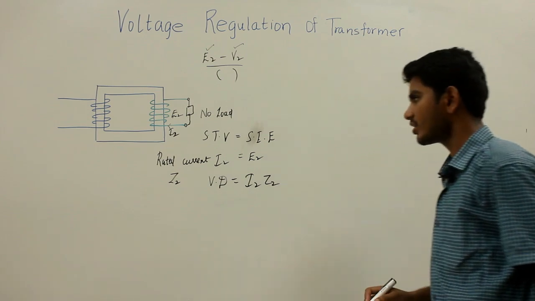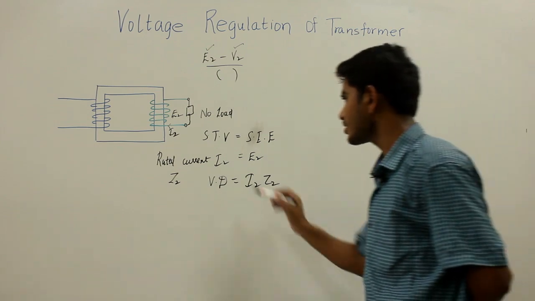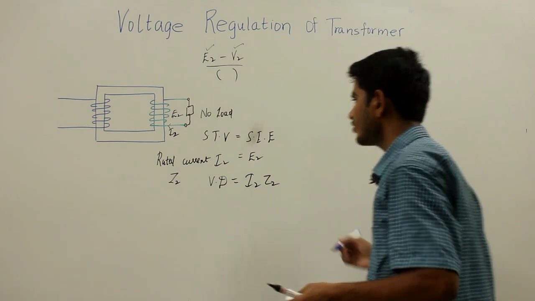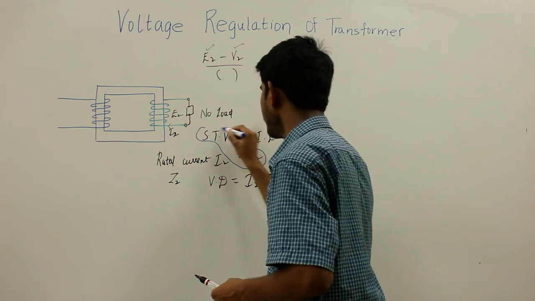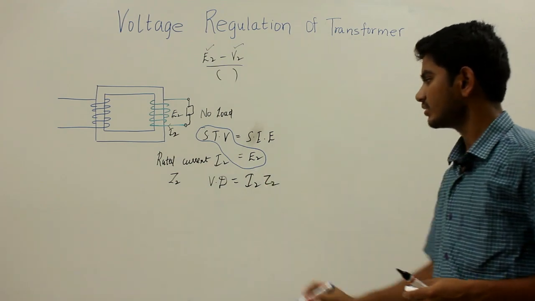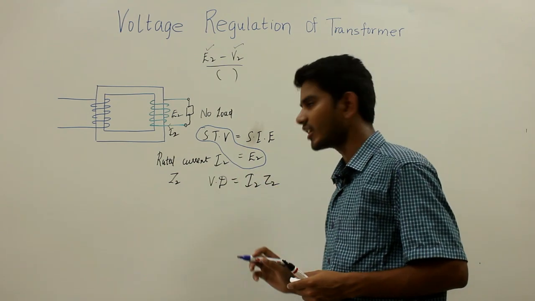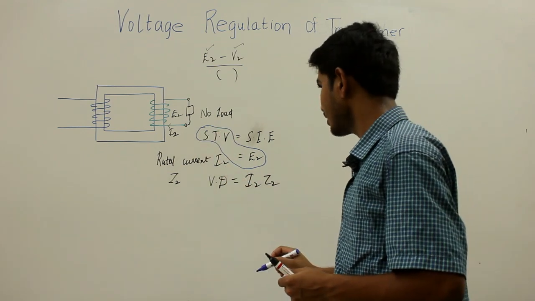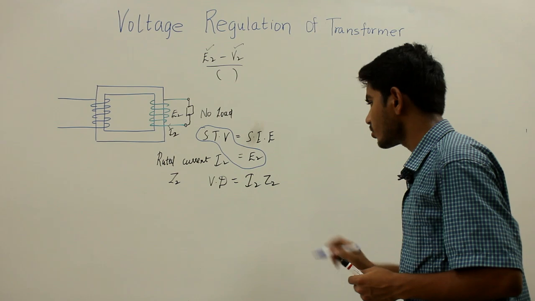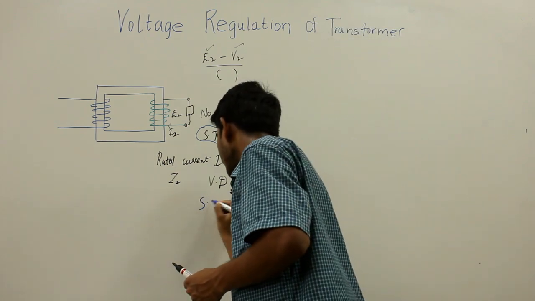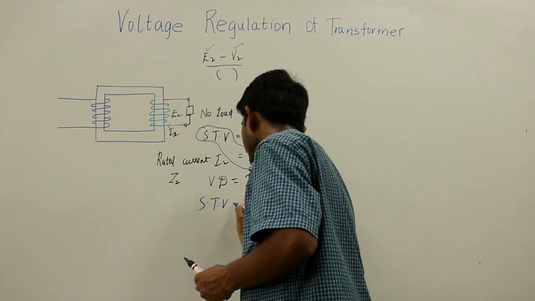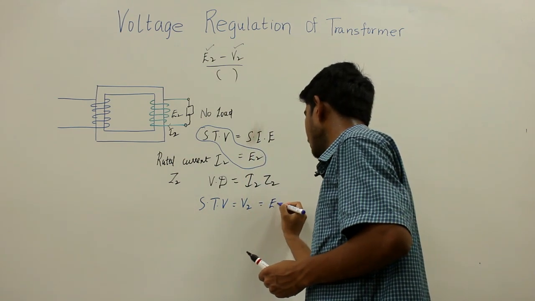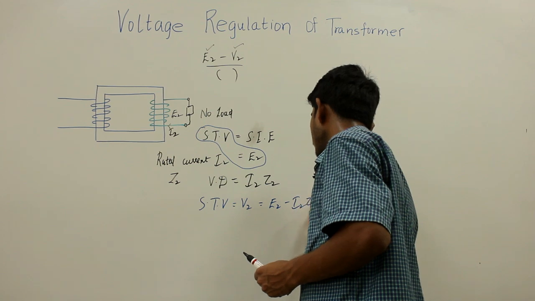So in this condition your secondary terminal voltage will not be equal to E2, because there is a drop in the secondary circuit due to the current flowing in it when the load is connected. So here your secondary terminal voltage, if I indicate it with V2, will be equal to E2 minus I2 Z2.